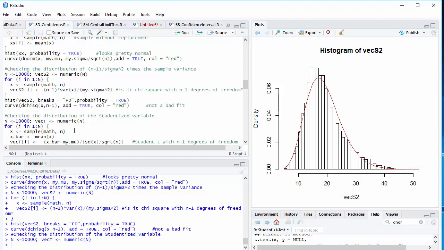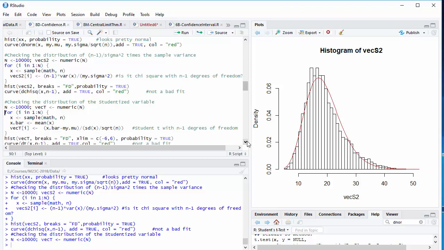Again, I sample from the math scores, and again, I studentize. I subtract off the population mean and then divide by the standard deviation of my sample divided by the square root of the sample size.